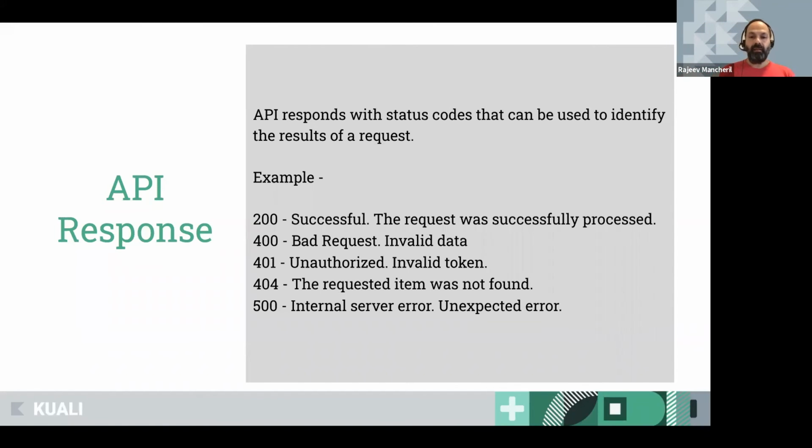And unauthorized token. So all these APIs, it's not open. You'll have to have an access token to access any of these APIs. If you don't have the right token in place, it'll just send you back an unauthorized error. The system needs to know that you're an authorized user and you have access to that data.